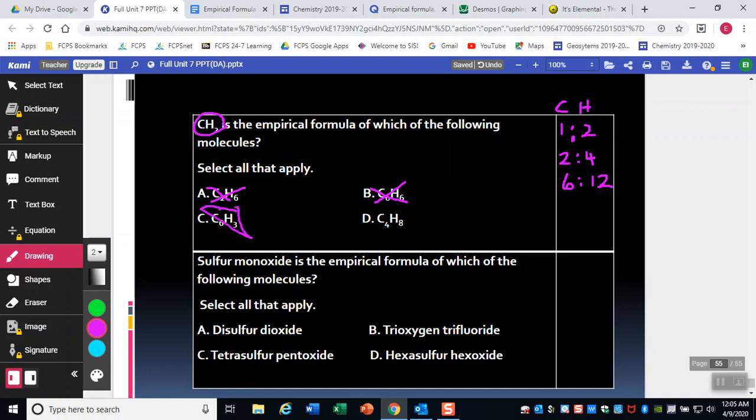So this is out because that's half. So that would have to be my 4 to 8. If I have 4 carbons, then 4 times as many, so 2 times 4 would be 8. 4 divided by 8 reduces to 1 to 2.